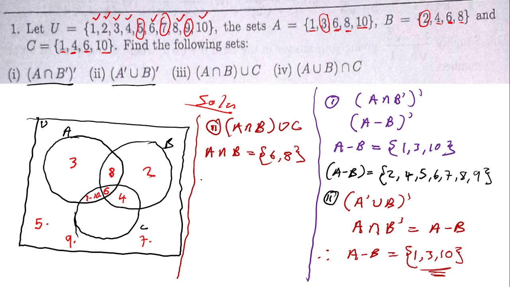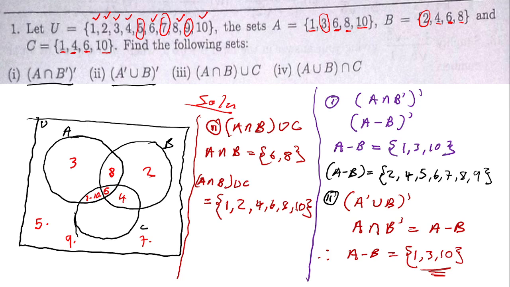So this simply means that A intersection B union C is a set which we can simply write as 1, 2, 4, 6, 8, and 10. So this is A intersection B union C, because C is 1, 10, 6, 4.